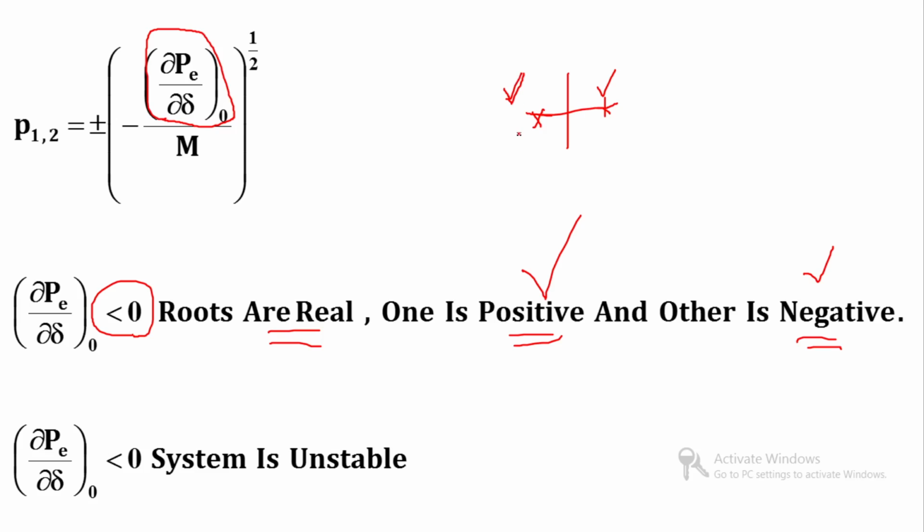To make the system stable, all roots should be on the left half of the plane, but here one root is on the right hand side. So the system is unstable.